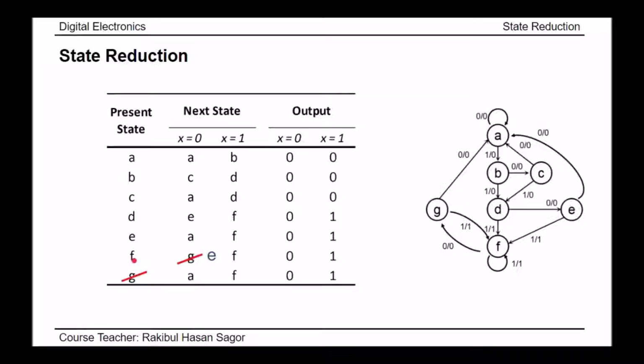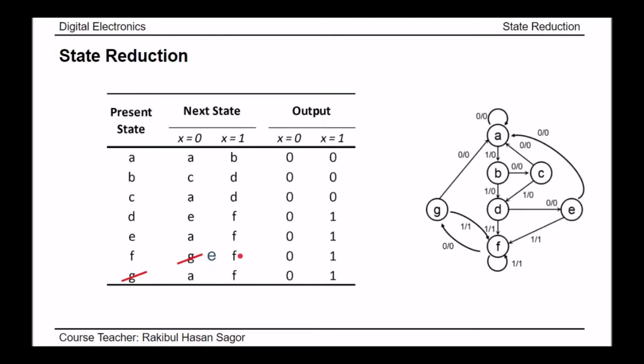The state change of F will be from F to E for x equal to 0, from F to F for x equal to 1, and the corresponding outputs are 0 and 1 for x equal to 0 and x equal to 1 respectively.